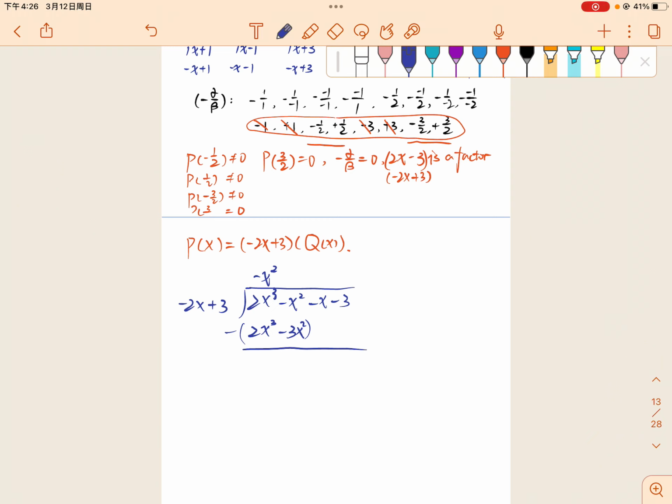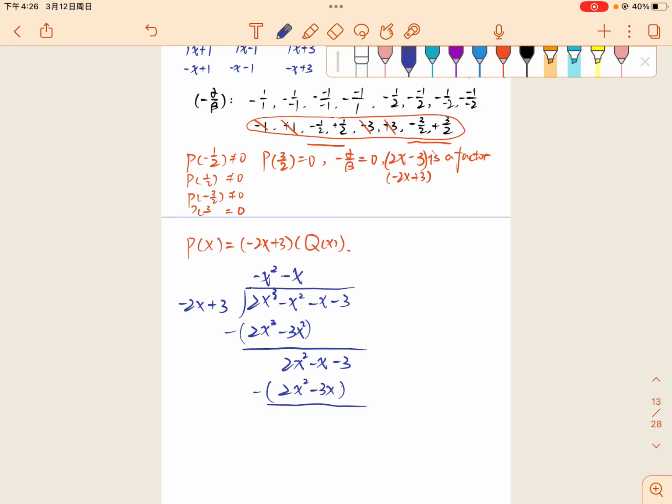That will give me 2x squared minus x minus 3. So 2x squared divided by negative 2x, that's negative x. So that would give me 2x squared, and then negative 3x, and negative x minus negative 3x.